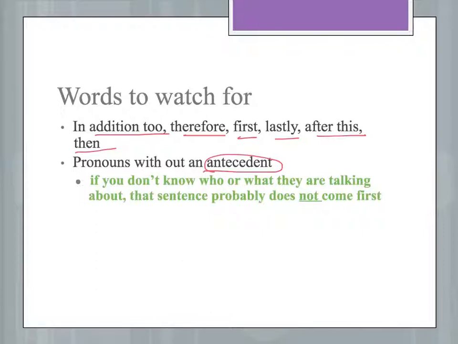So, for example, if I was talking about someone's backpack, and I said, this is his backpack, his is the pronoun, and it replaces the person. So if there's just a pronoun and there's no antecedent, and we have no idea who or what is being talked about, then that's probably not going to be the first sentence, because you need to know what they're talking about before you can use those pronouns.